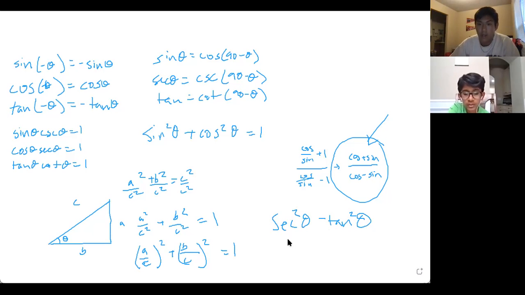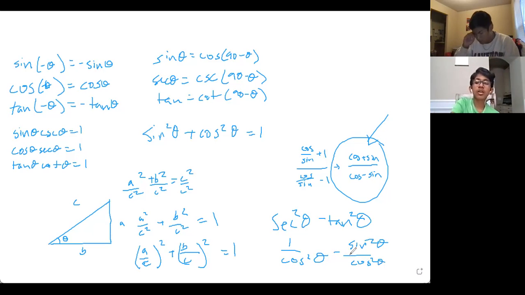This is 1 over cosine squared, correct? And this is, oh, sorry, not minus, this is sine over cosine squared, right? Do you see something you can do? So you can multiply by cosine squared. Yes. And so you get 1 minus sine squared, correct?